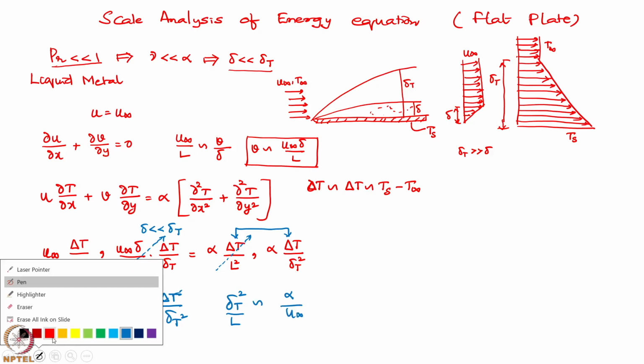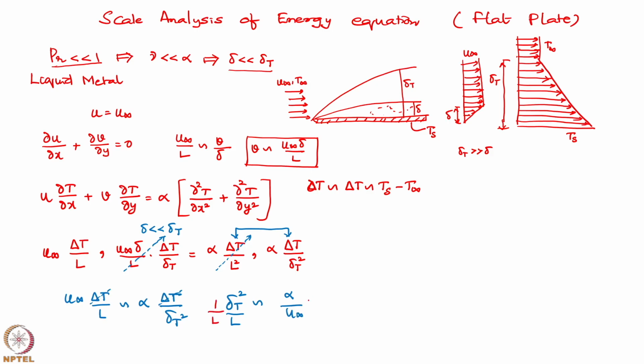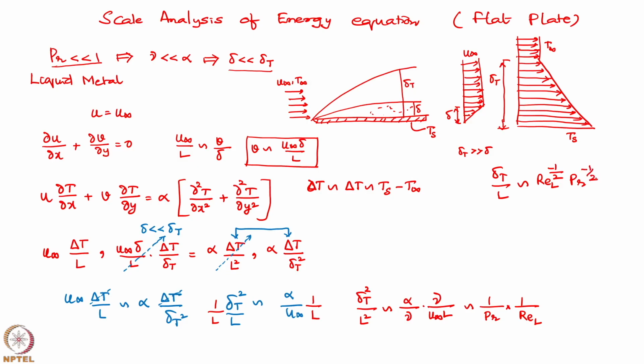Now multiply on both sides by L, so you get delta T squared by L squared is of the order of alpha by nu into nu by u infinity L. I have just multiplied and divided by nu. This is nothing but 1 by Prandtl number into 1 by Re_L. So delta T by L is of the order of Re_L to the power of minus half and Pr to the power of minus half.